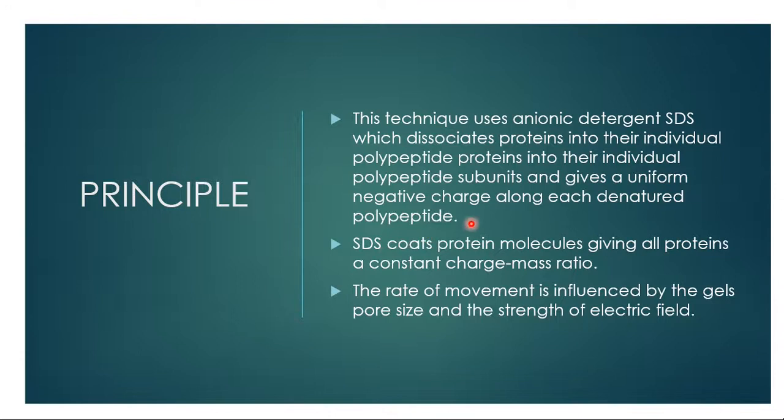So let's see the principle. This technique uses an anionic detergent, that is SDS, which dissociates proteins into their individual polypeptides and gives a uniform negative charge along each denatured polypeptide.